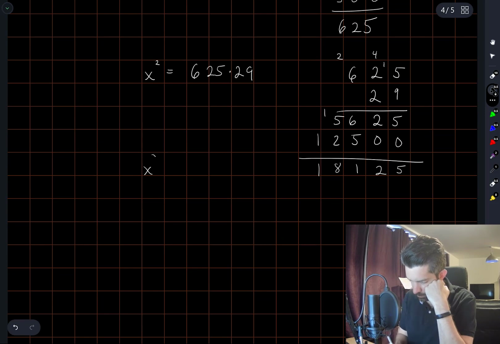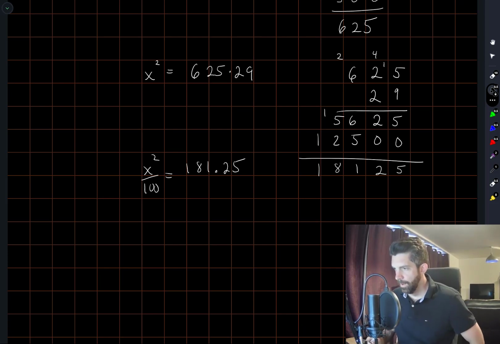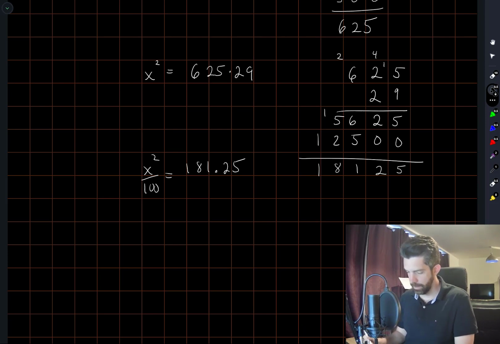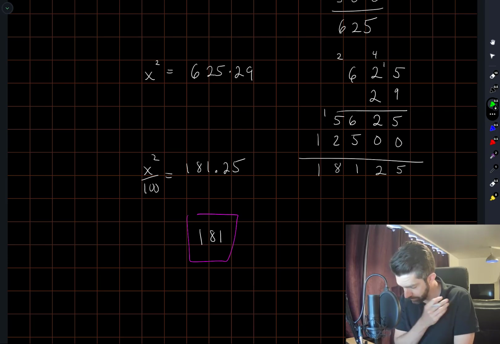Okay, so x squared over 100 is 181.25. So the answer is 181 according to what I've done here. This was a lot messier than I expected.